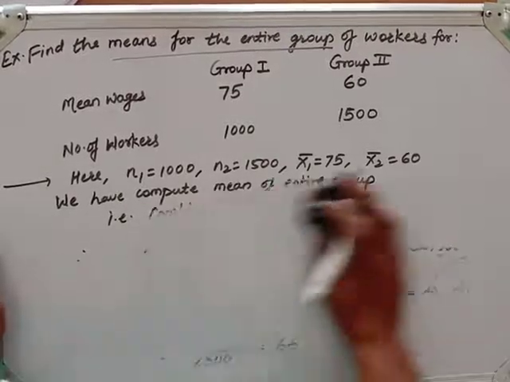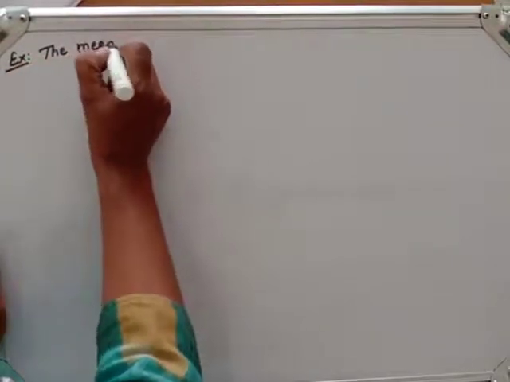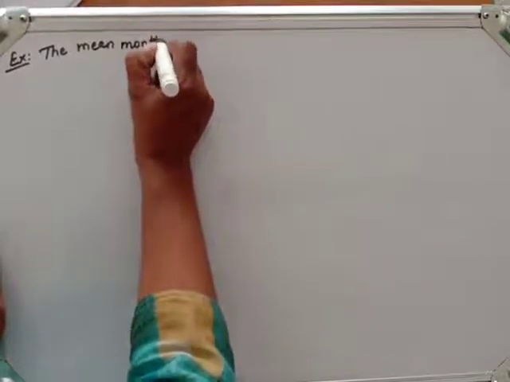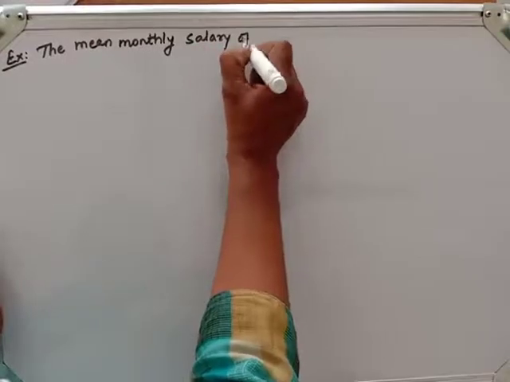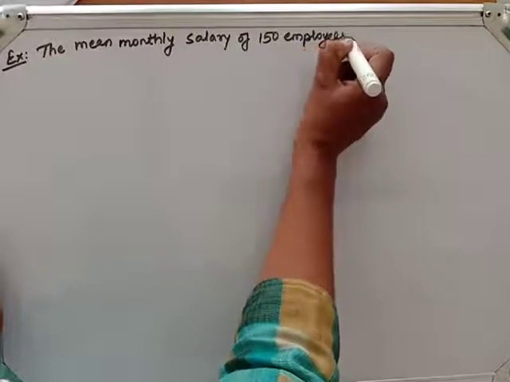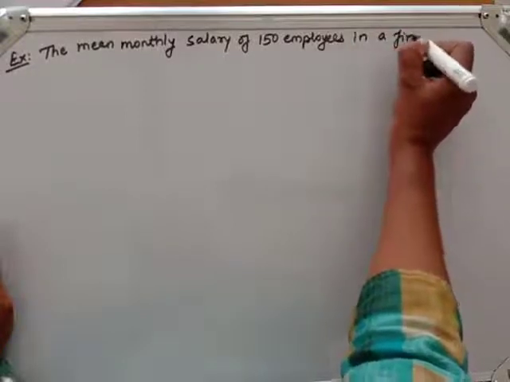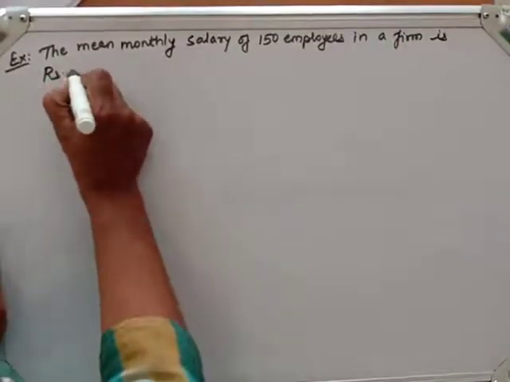Now let me take the next example. The mean monthly salary of 150 employees in a firm or company is rupees 20,000.